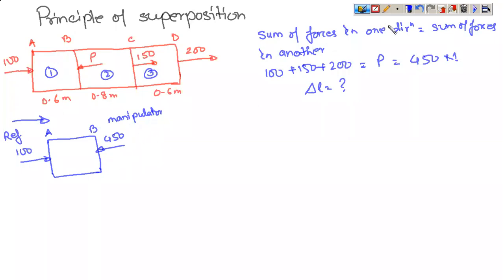So to manipulate it, let us add 100 to it, and let us subtract 100 from it. Okay, let us add 100 and subtract 100. So if you add 100 and subtract 100, again if you use this principle of superposition here, the principle of superposition stands true.